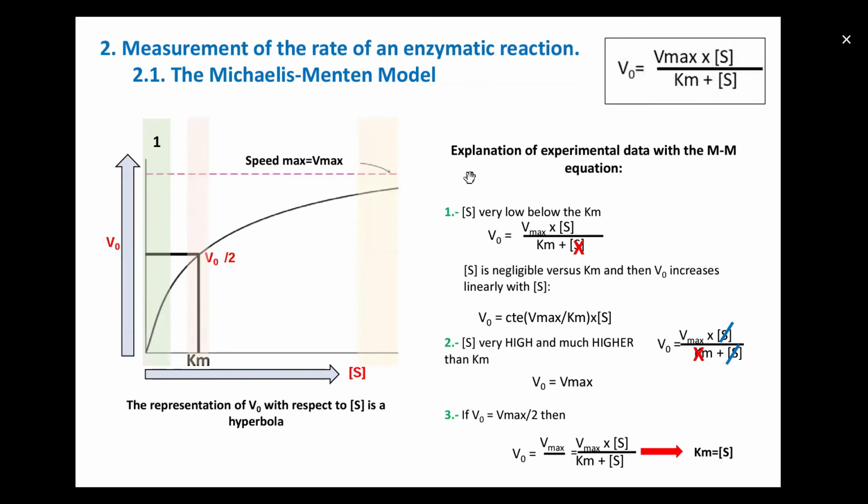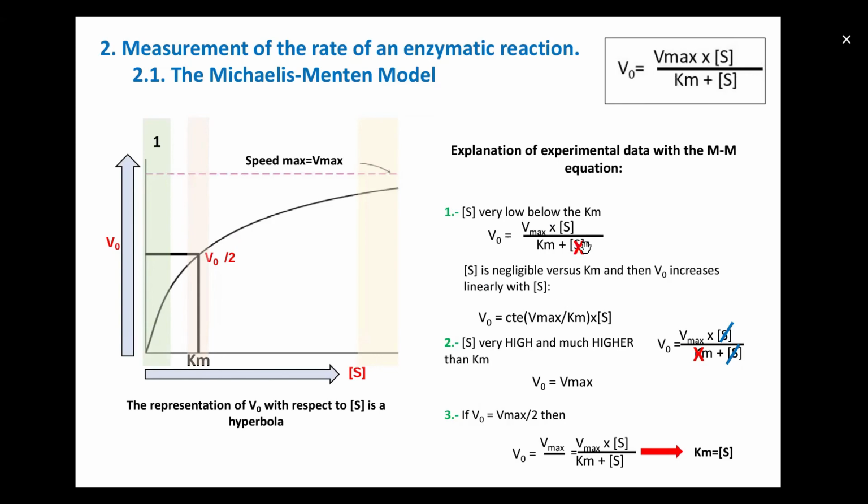So the explanation of experimental data with the Michaelis-Menten equation: when the substrate concentration is very low, then S is negligible versus the Km, and V naught increases linearly with the substrate concentration.